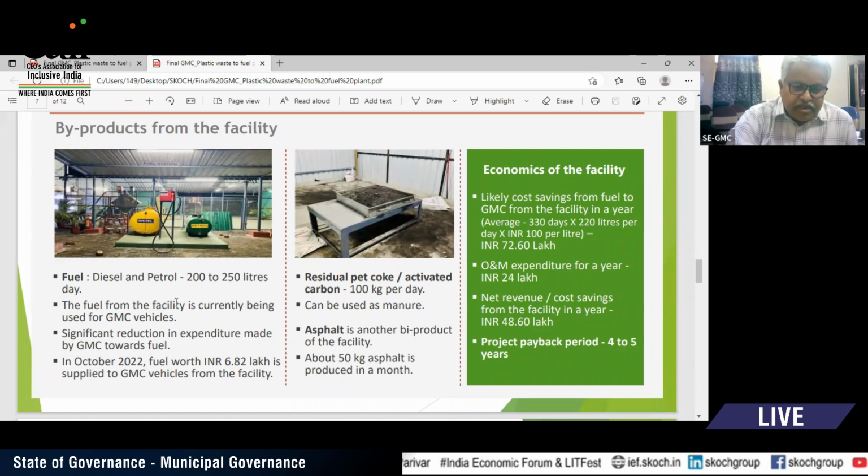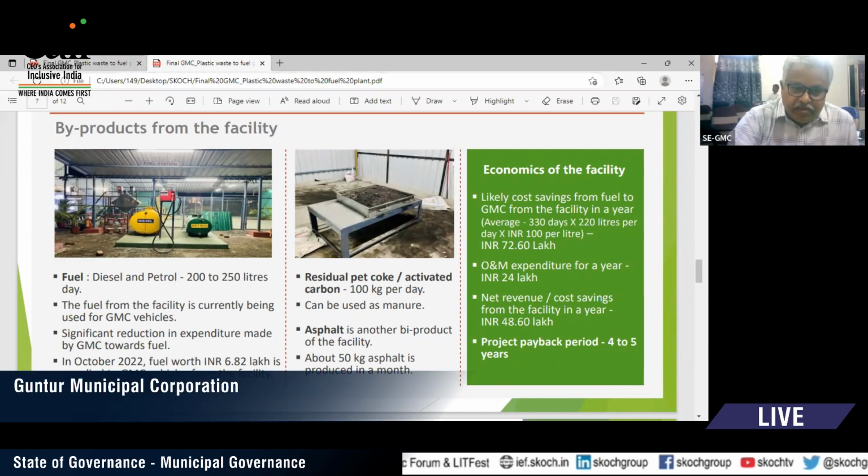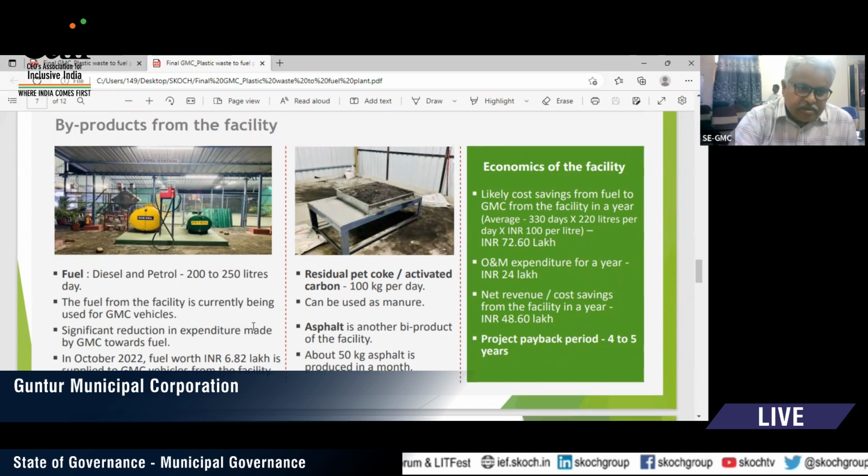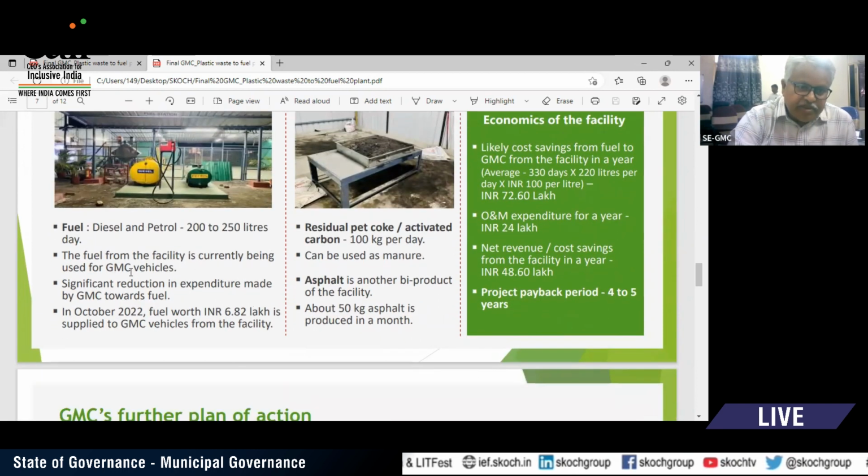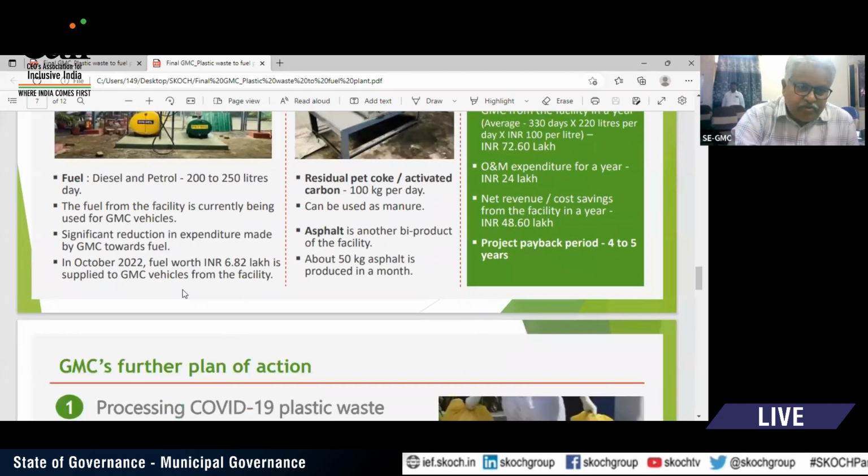As of now, we consume 2,000 liters of petrol and diesel every day, in which 200 to 250 liters of synthetic fuel is merged into our regular petrol and diesel. The fuel from the facility is currently being used for GMC vehicles. There is a significant reduction in expenditure made by GMC towards fuel, sir. In October 2022, fuel worth 6.82 lakhs was supplied to GMC vehicles from this facility, sir.